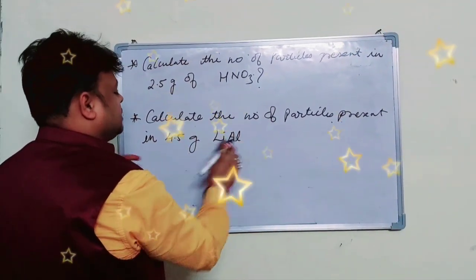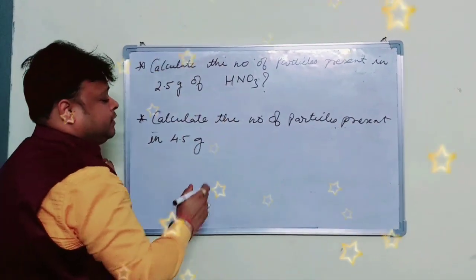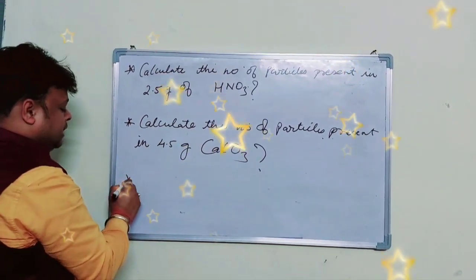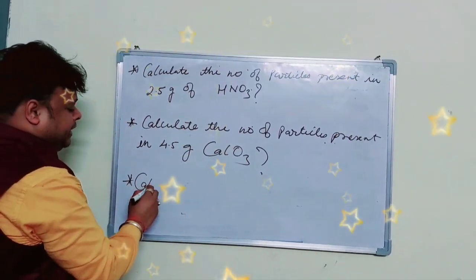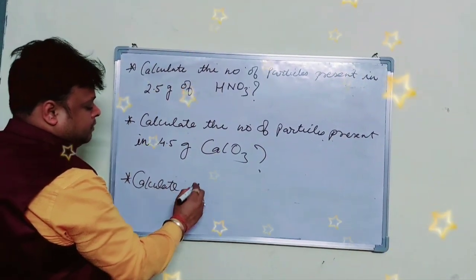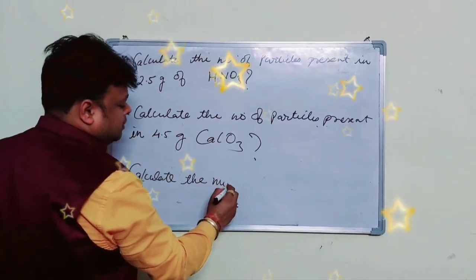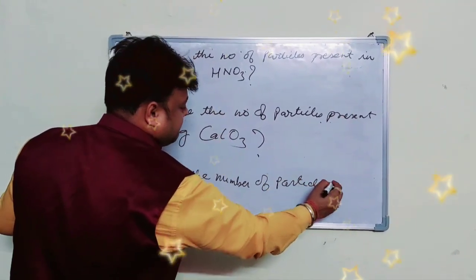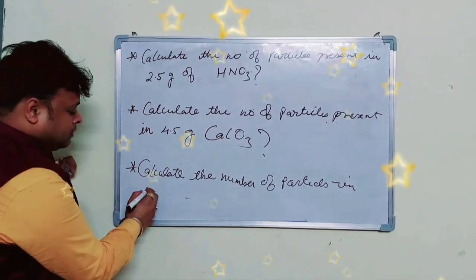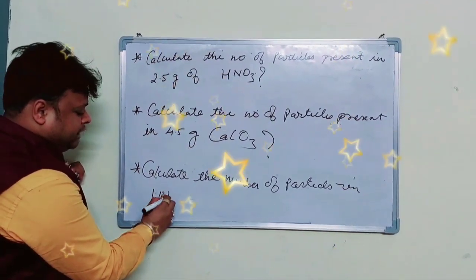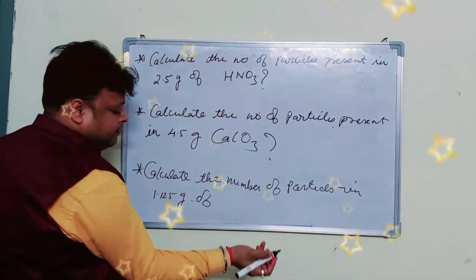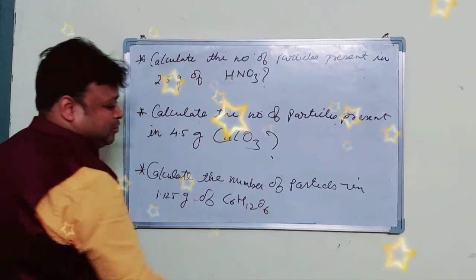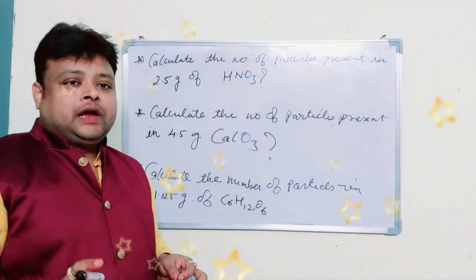Or leave it, this formula will be a bit difficult for you, so let's make it calcium carbonate, right? So you have to do this one. And the next is calculate the number of particles in 1.125 gram of my favorite salt, glucose, C6H12O6. So these are the 3 questions which you have to solve at your home.